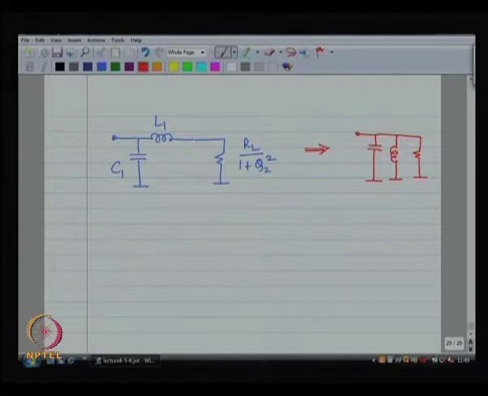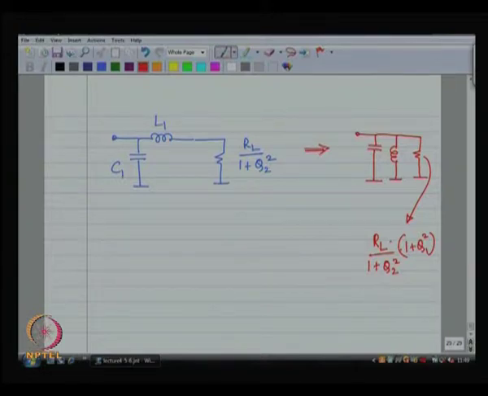and the value of this resistor is going to be R L by 1 plus Q 2 squared times 1 plus Q 1 squared. Okay, the value of the resistance is going to increase when it goes from series to parallel. Yes.